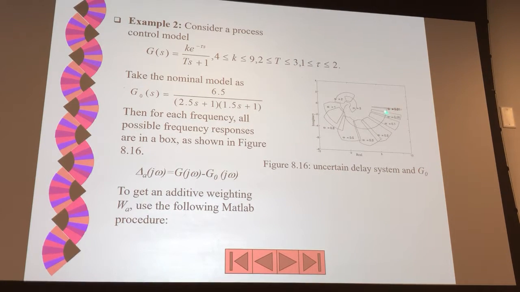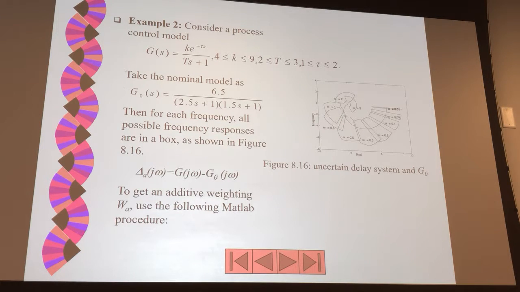This is just a nominal system, and all the others must be within these templates. At different frequencies, there's a different shape. But you may say, oh, this looks not straightforward to me. How can I draw these things?